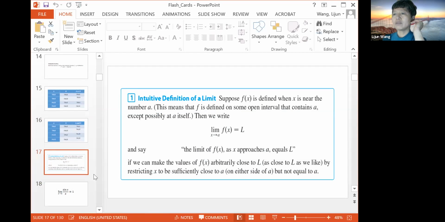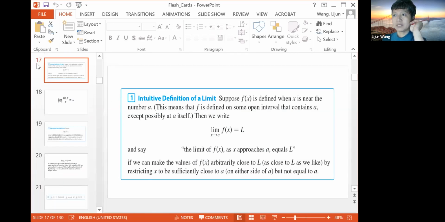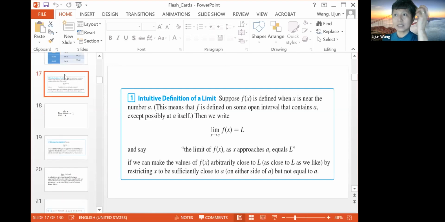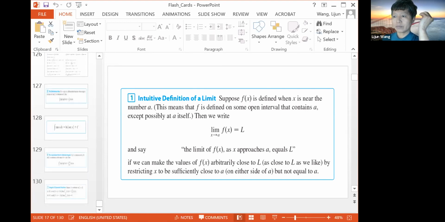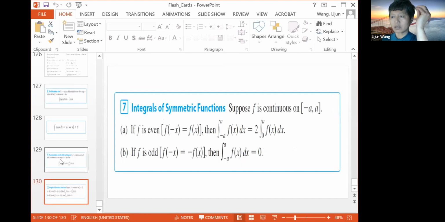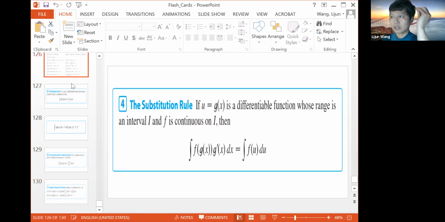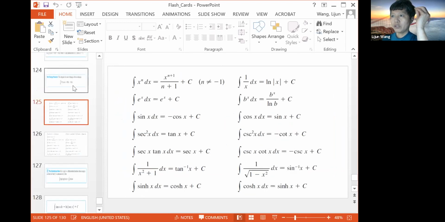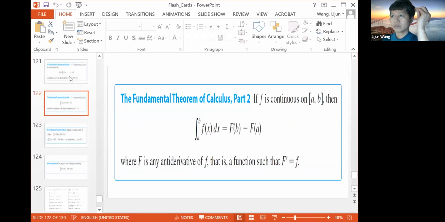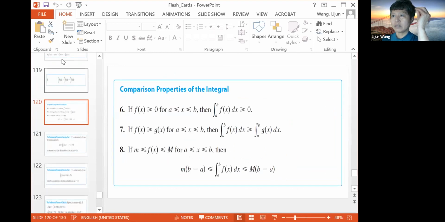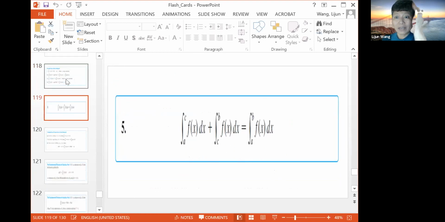Next, this is a page from number 17, up to number 130. I can send you this PowerPoint. From 17 to 130, all these flashcards are new things you're going to learn in only Calculus 1.